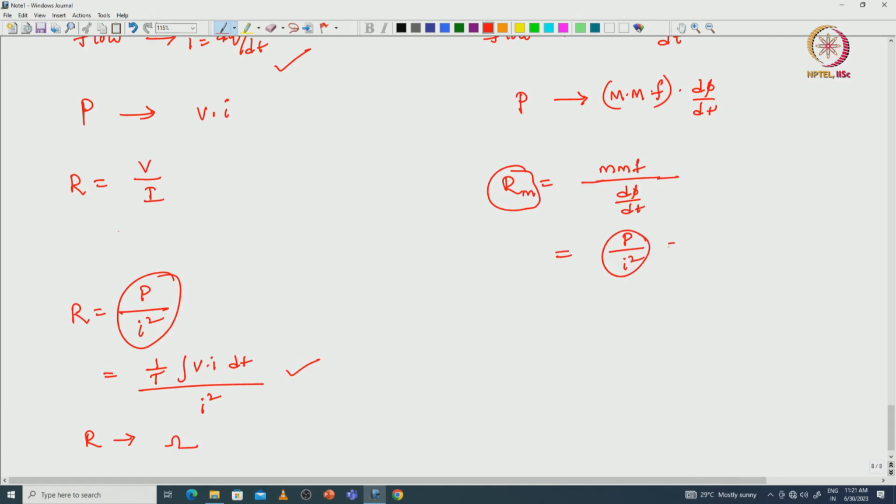Here P is nothing but 1 by T integral of MMF into the flow variable d phi by dt into dt, divided by the flow variable square, that is d phi by dt square. This is nothing but magnetic resistance.